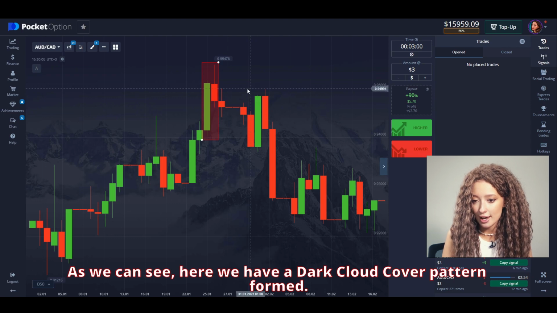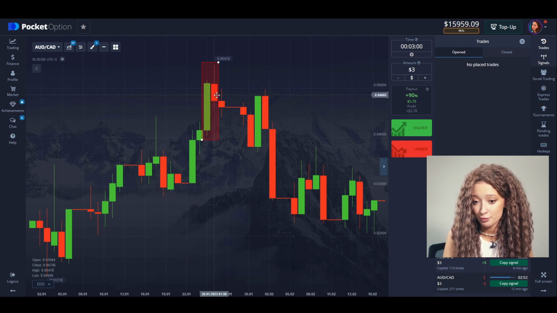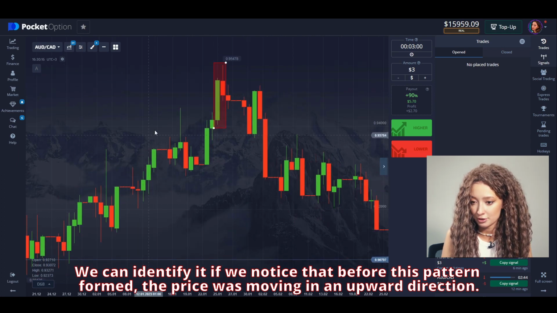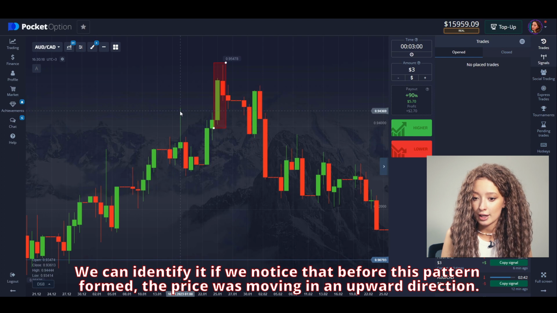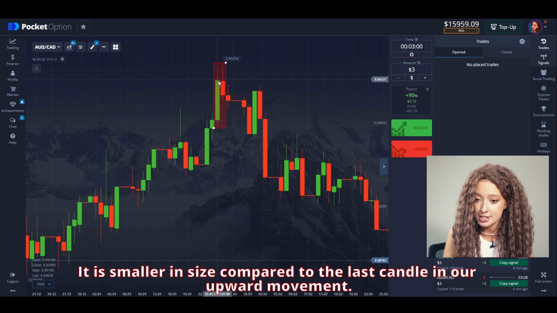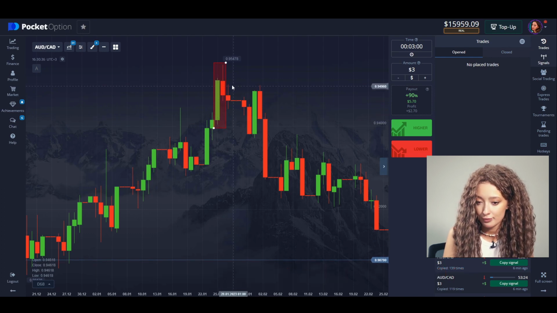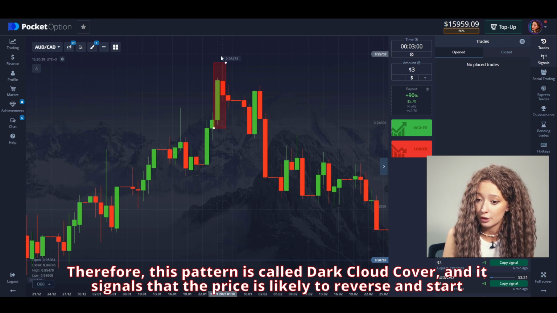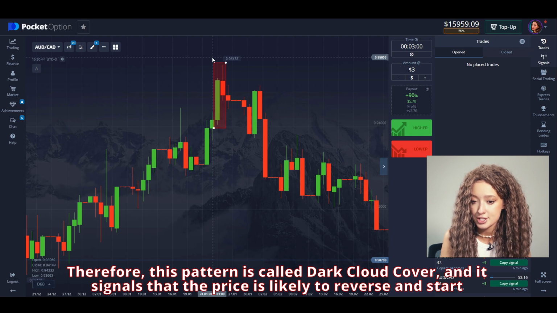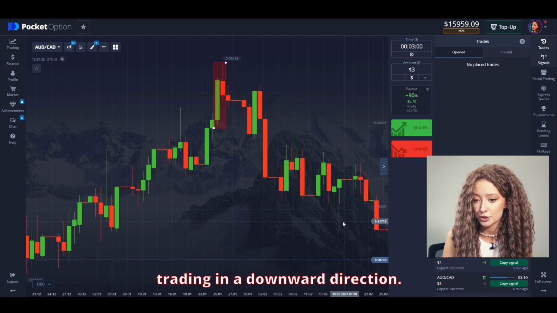As we can see here, a dark cloud cover pattern forms. We can identify it if we notice that before this pattern formed, the price was moving in an upward direction. At the end, we see a large green candle followed by a candle of a different color, specifically red. It is smaller in size compared to the last candle in our upward movement. Therefore, this pattern is called dark cloud cover, and it signals that the price is likely to reverse and start trading in a downward direction.